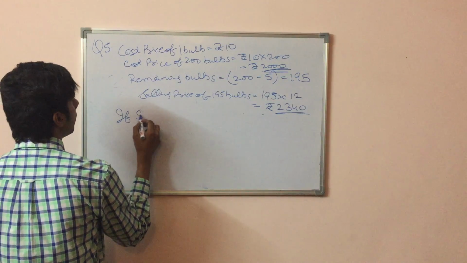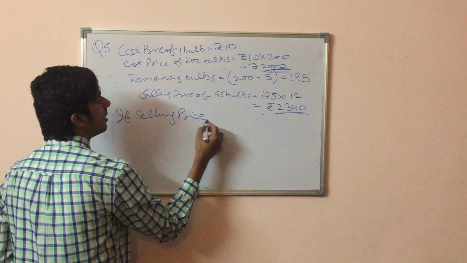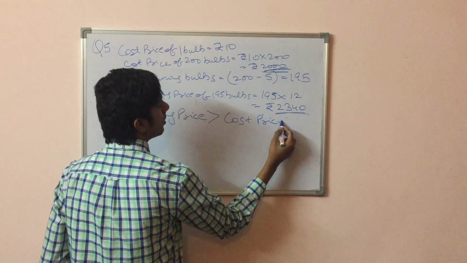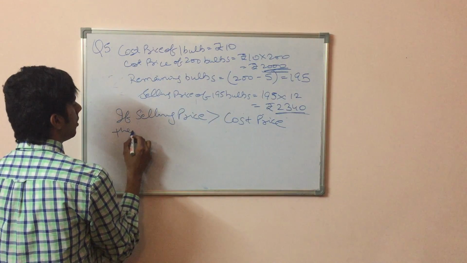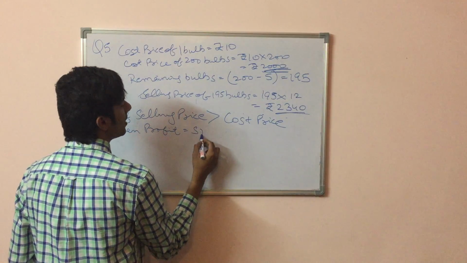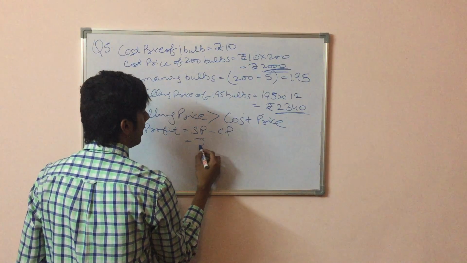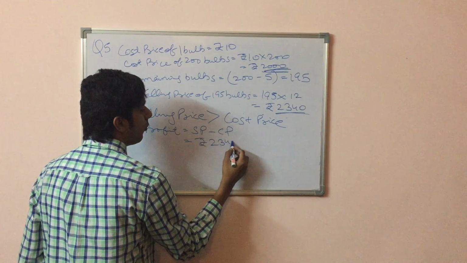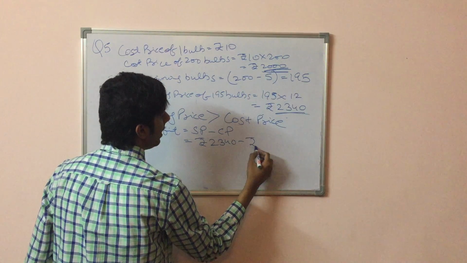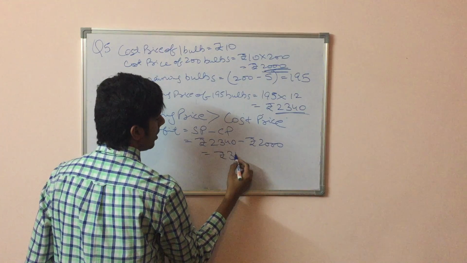So if selling price is greater than cost price, then profit equals selling price minus cost price, rupees 2340 minus rupees 2000, it comes out to be rupees 340.